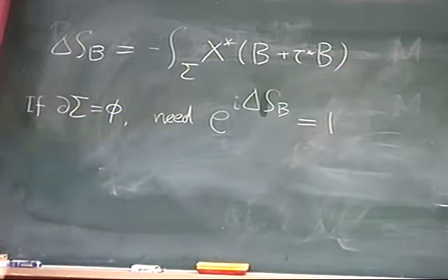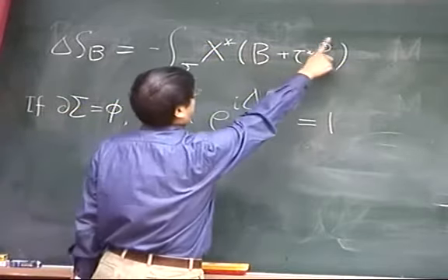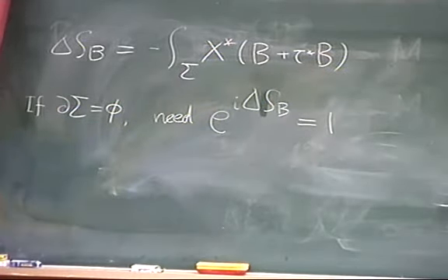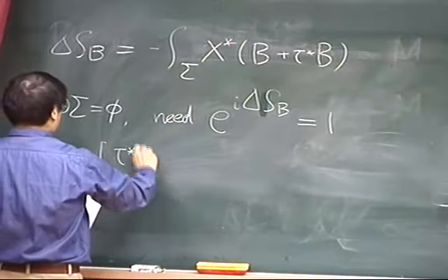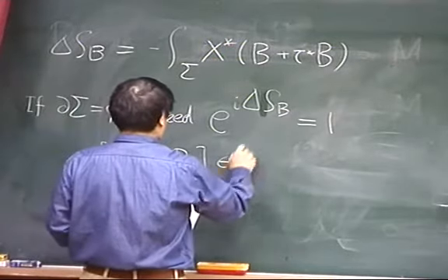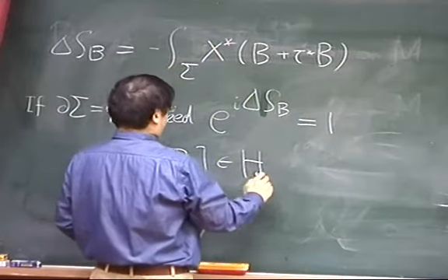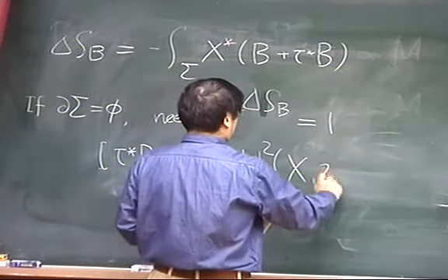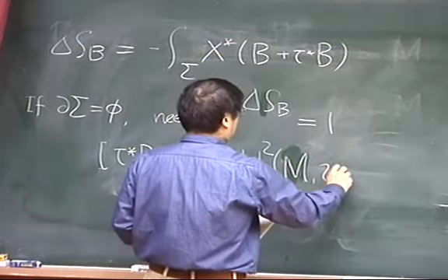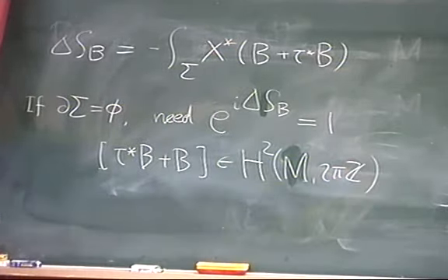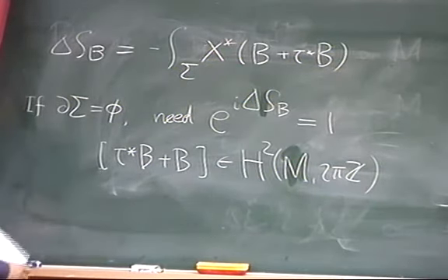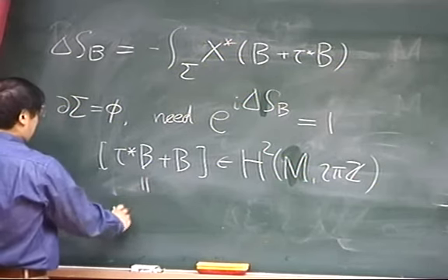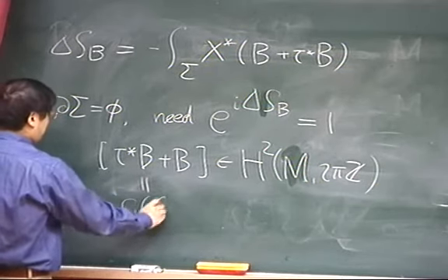That requires this to be an integral multiple of 2 pi, so we want this to determine an element of 2 pi Z. In other words, you can write this to be some first Chern class of some line bundle. Maybe let's put a minus here.